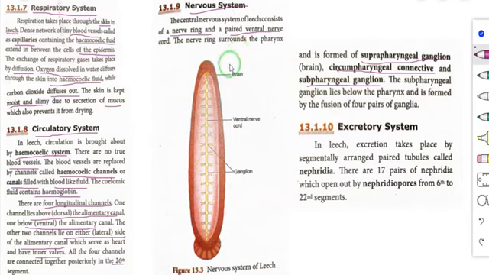It is formed of the suprapharyngeal ganglion, that is the brain, the circumpharyngeal connective, and the subpharyngeal ganglion.